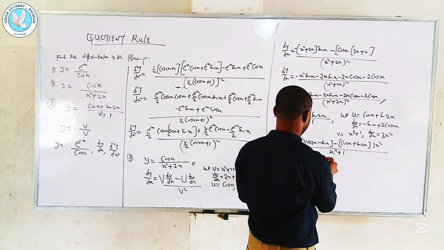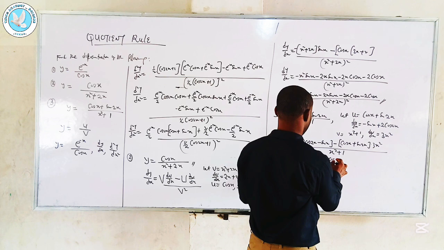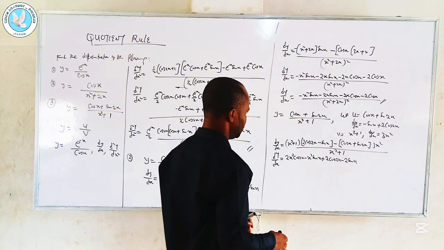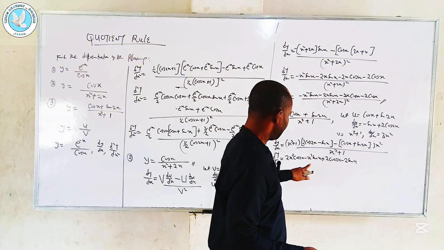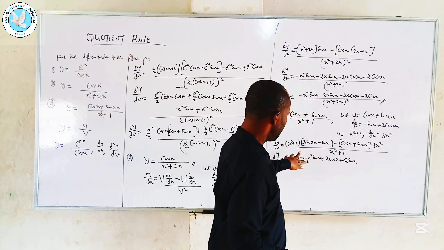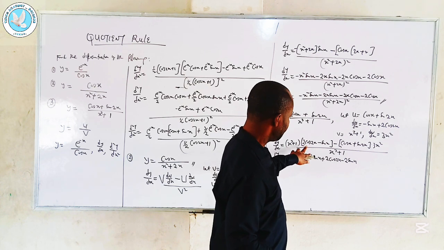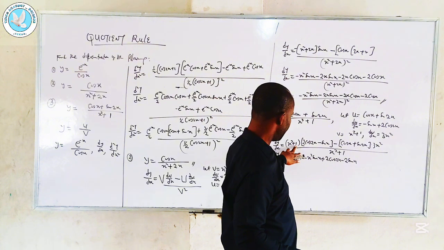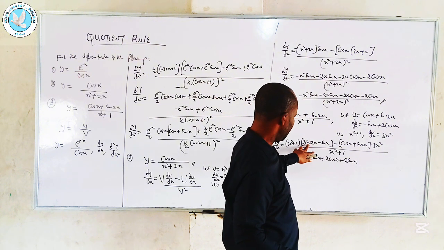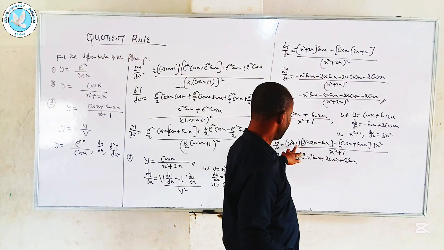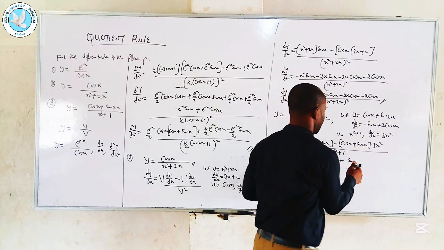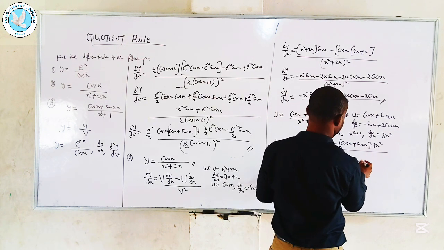And also we have 2 cos and sine x. So having extended this, we have gotten this times this is giving us this. Also this times this, there is no 2 here. Please sorry about that.